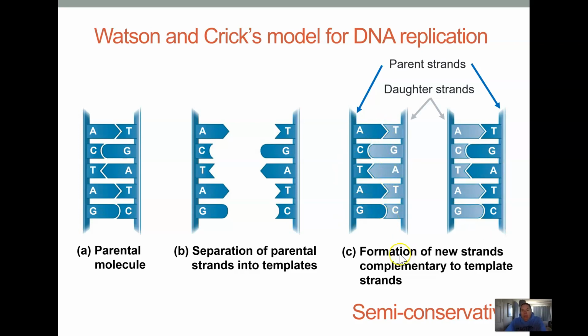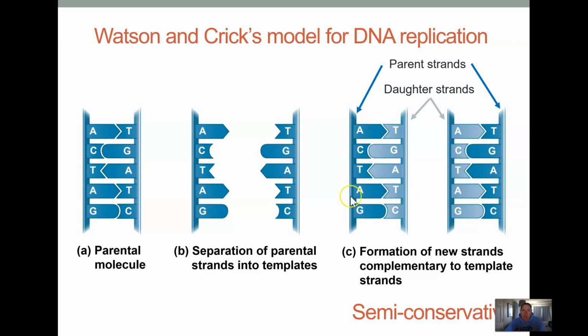So in this way, we consider DNA replication to be half conserved. In other words, one parent strand is conserved, and one strand is completely new. This model of replication is called semi-conservative replication.